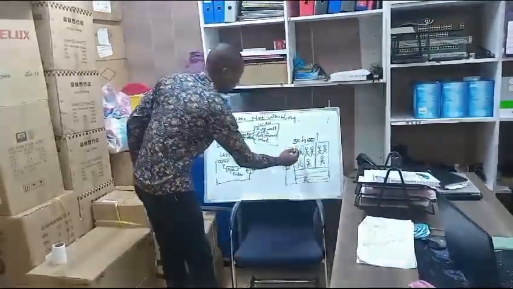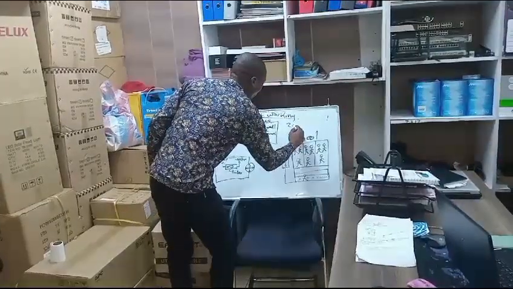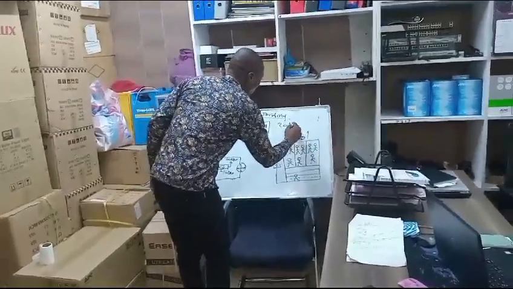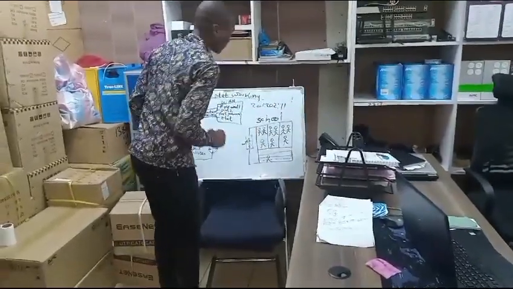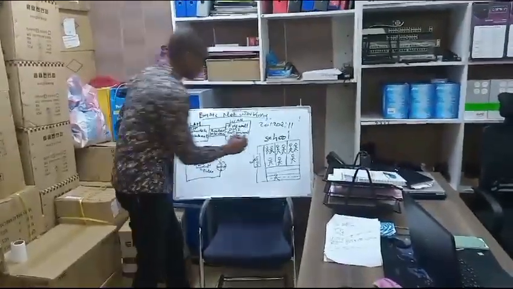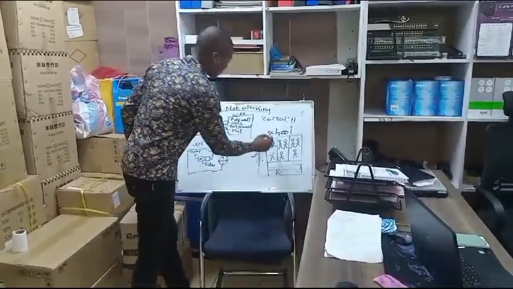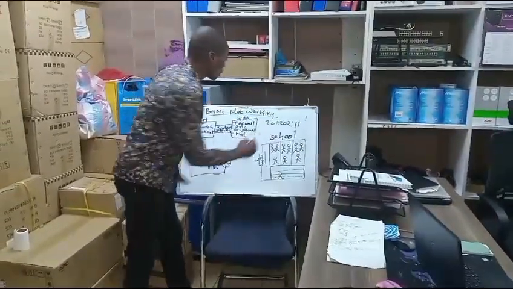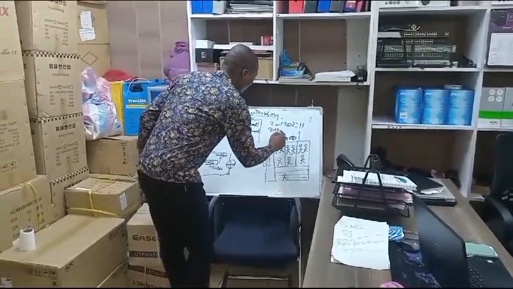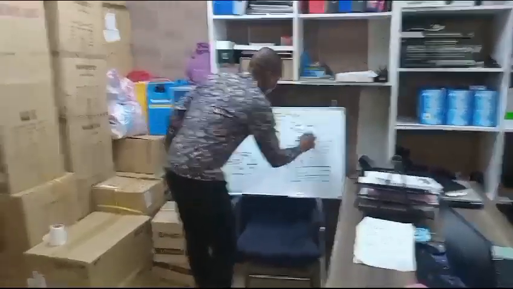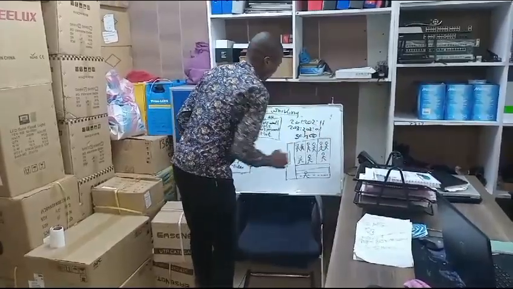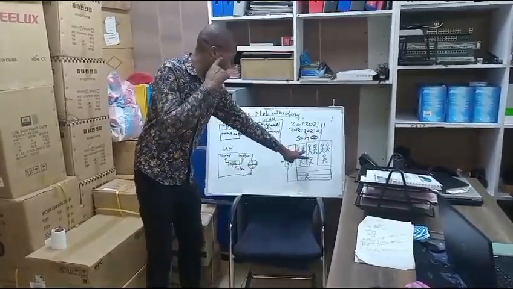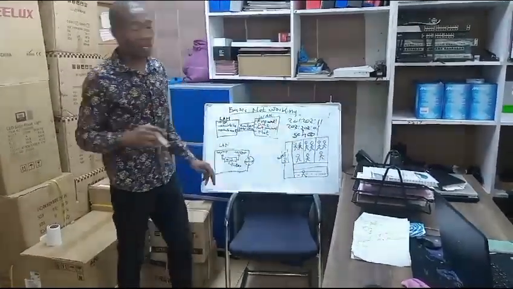Like this one may have an IP like 201.202.1.1. That one might be the IP of this one, or this one might also have an IP of 203.01. It is just an identification.